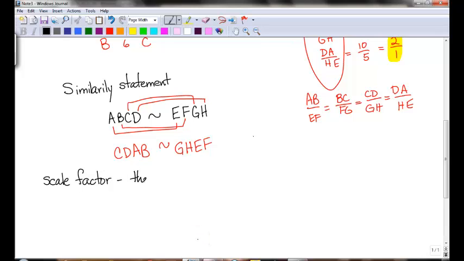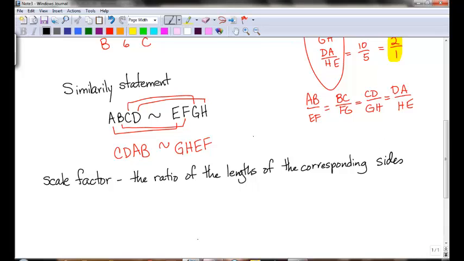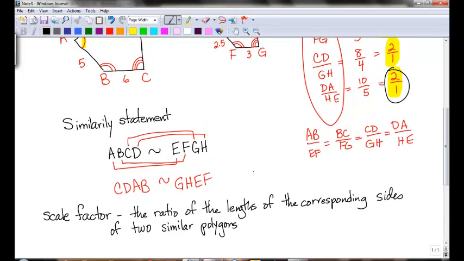It is the ratio of the lengths of the corresponding sides of two similar polygons. When I said these reduce to 2 to 1, the scale factor is 2 on this one.